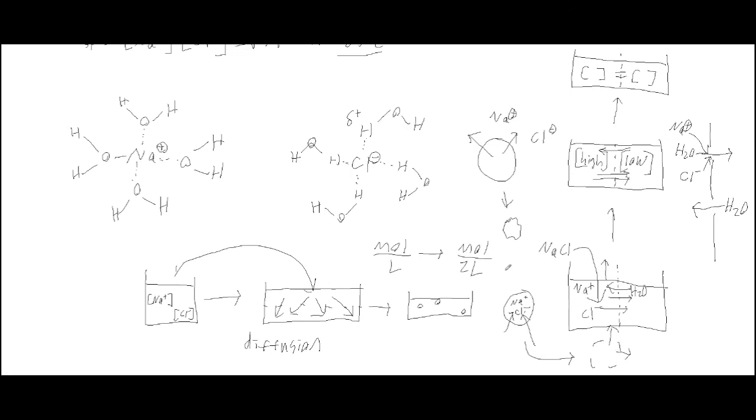And this is the reason why when you go to the hospital and you're put on an IV, they give you saline solution, because they want to give you a solution that has the same concentration of salt as what is going to be inside of your veins, so that you're not bursting or shrinking your cells and killing them off because of this osmosis process, what's called osmotic pressure.